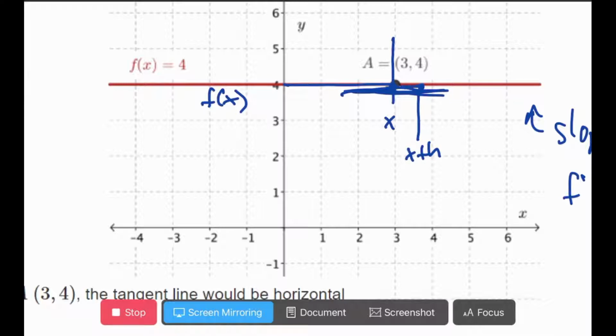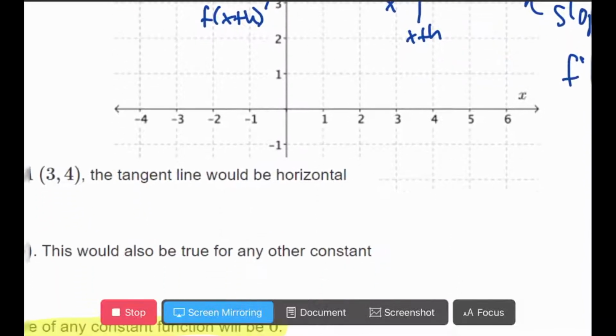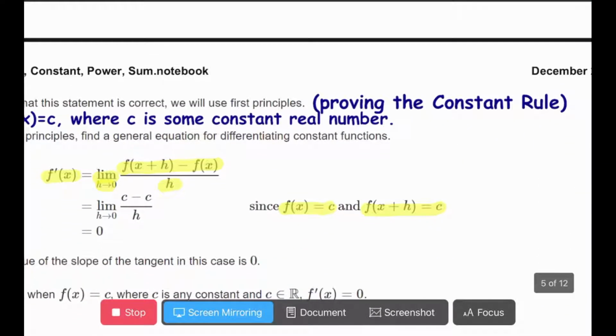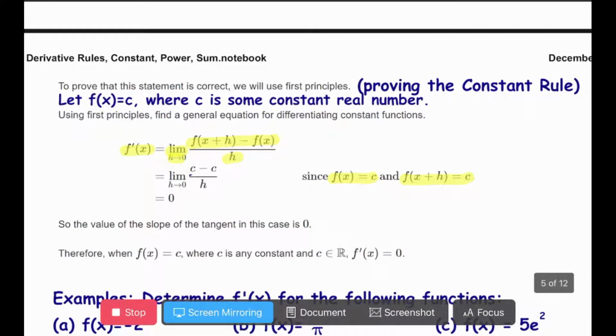Well, I'm going to have the exact same value. They're going to be the same. So it's just the c value, the constant value. So f of x plus h and f of x have the exact same value. Any number minus itself is 0.